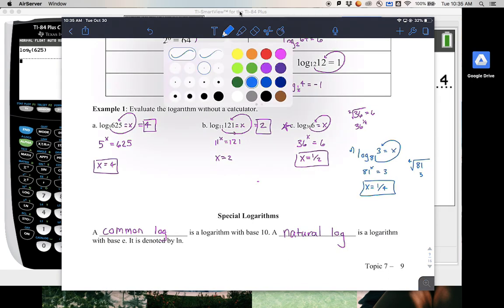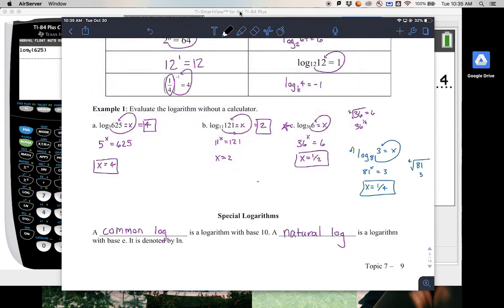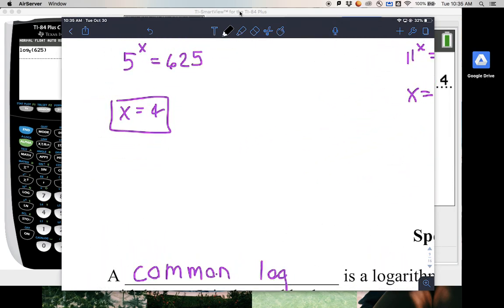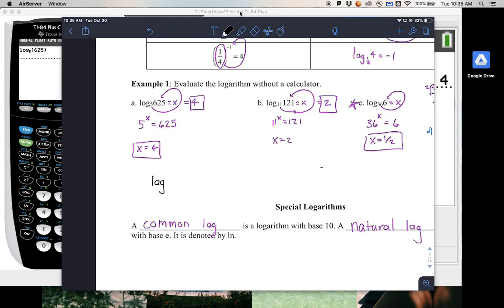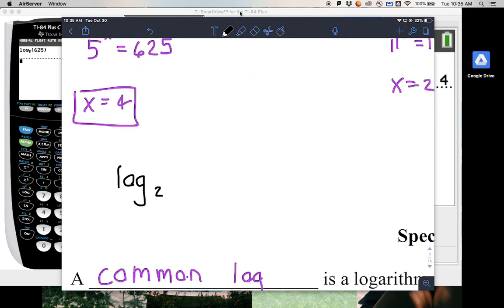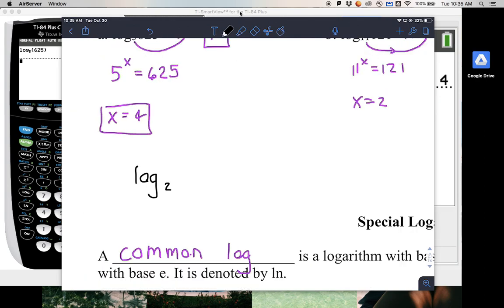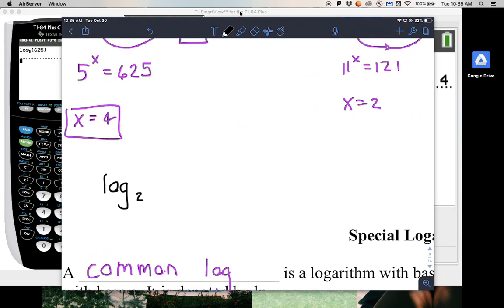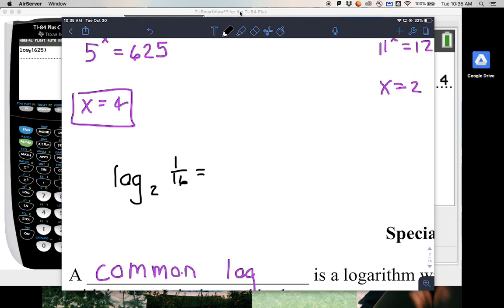Okay, probably one extra example I do want you guys to add, I think this shows up in the homework, is when you raise something and you get a fraction. So for example, we could do log base 2 of the fraction 1/16, and then figure out what that simplifies to.